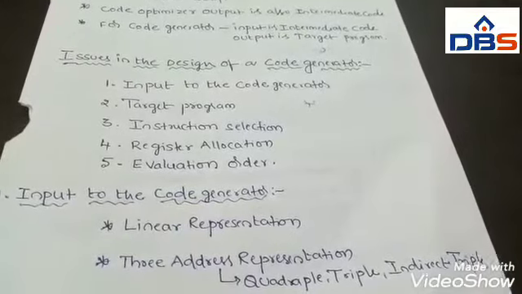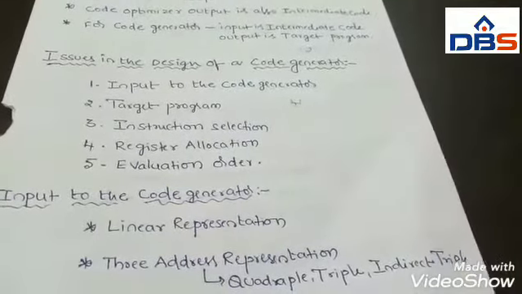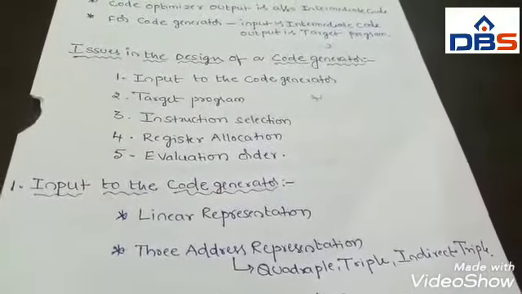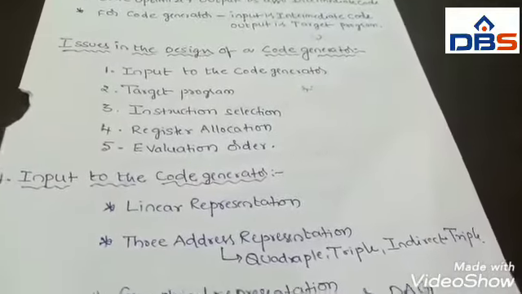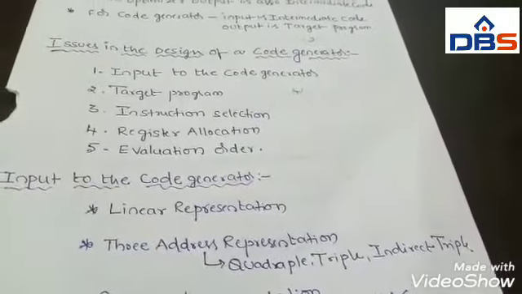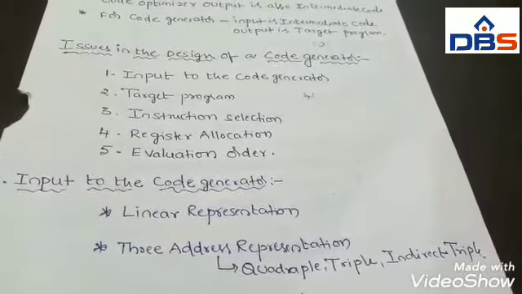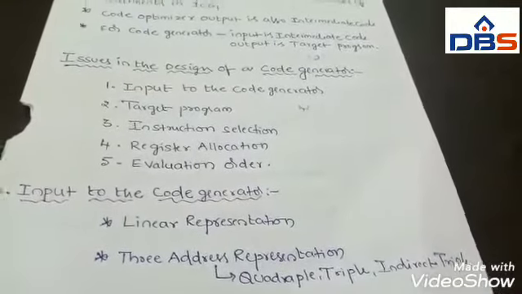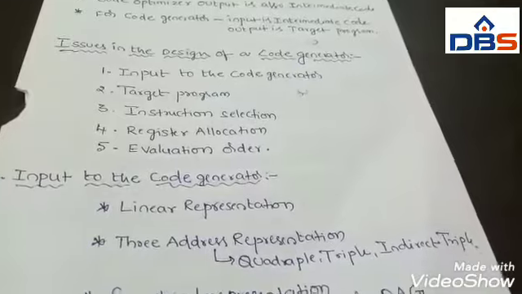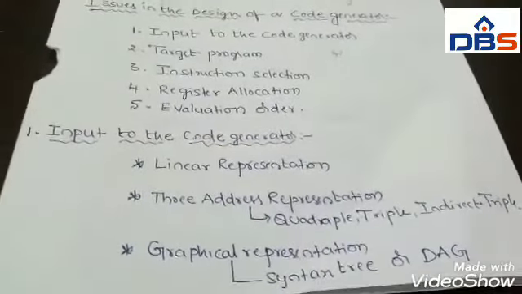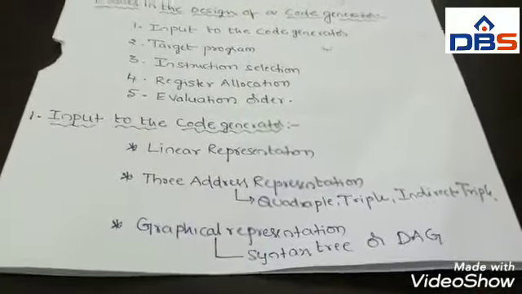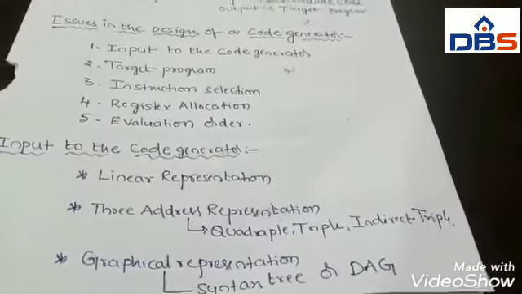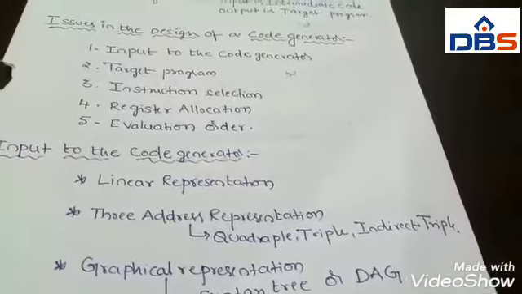A quadruple is a structure with 4 fields: operator, argument 1, argument 2, and result. A triple has 3 fields: operator, argument 1, argument 2. An indirect triple is the same as a triple, but it has pointers to the triple structure. The third one is graphical representation, such as syntax tree and DAG, directed acyclic graph.